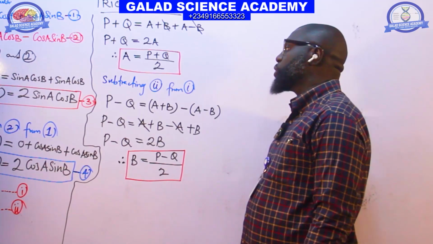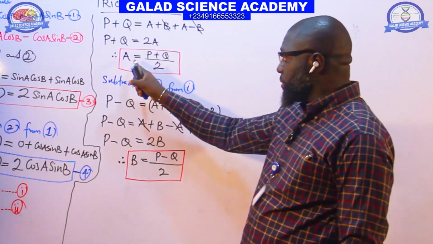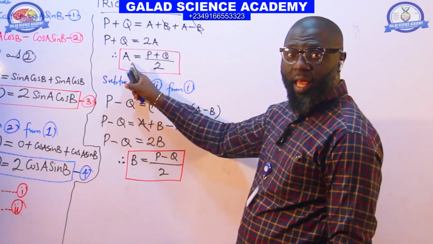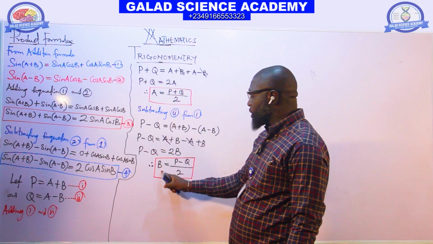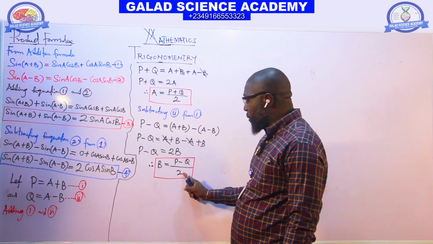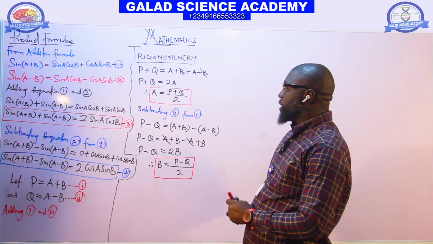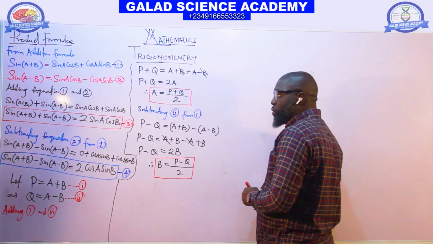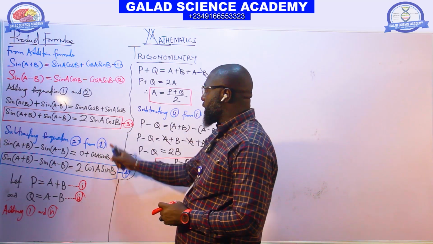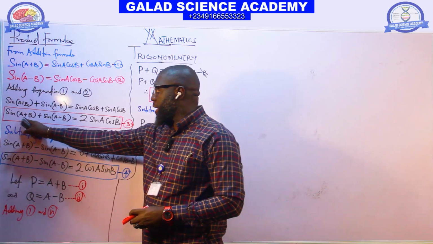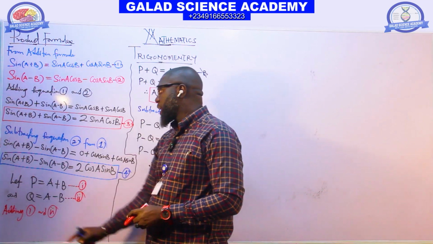You can now see that we have defined A as the sum of P and Q over 2, and B as the difference of P and Q over 2. You can now substitute for A and B here, and substitute A and B for P and Q here.